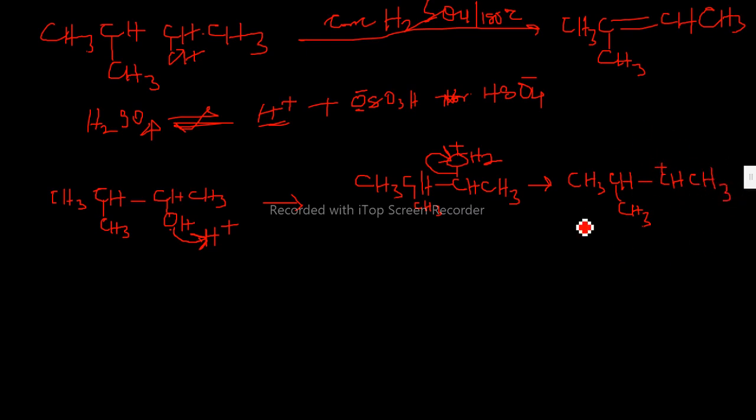Now this one is a secondary carbocation. But if we transfer this charge onto this carbon atom, we shall form a tertiary carbocation, which is more stable than a secondary carbocation.